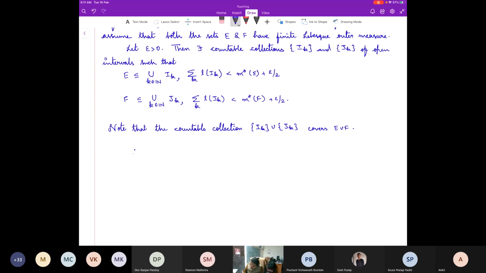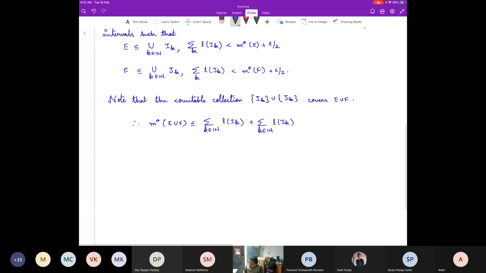And therefore, from the definition of m star, m star of E union F is less than or equal to the summation over k in N of the length of I_k plus the summation over k in N of the length of J_k.